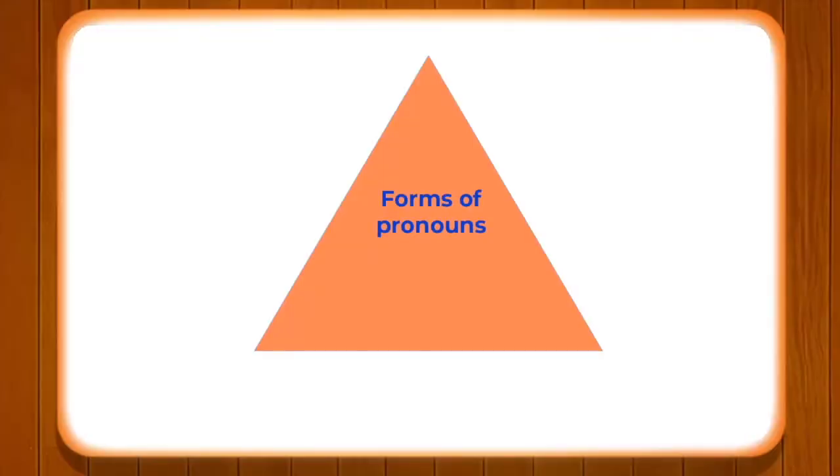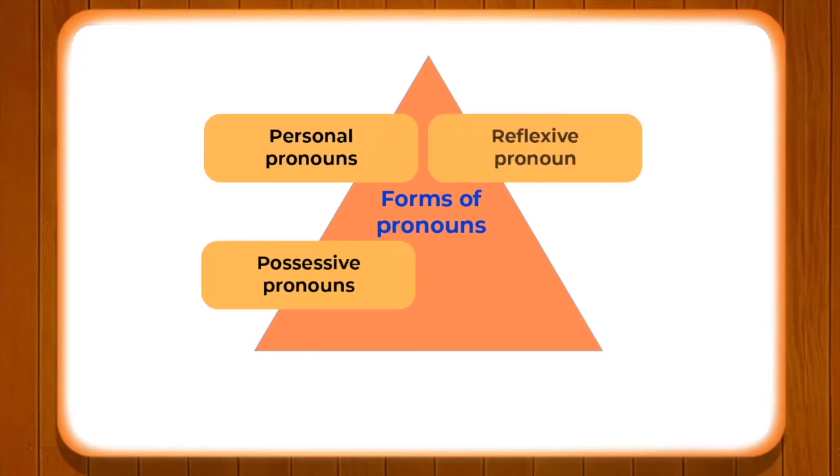Now, in this module, we will discuss the forms of pronouns. We have certain forms of pronouns such as personal pronouns, possessive pronouns, reflexive pronouns and demonstrative pronouns. To understand the dative, let us pay attention to some of the pronouns.